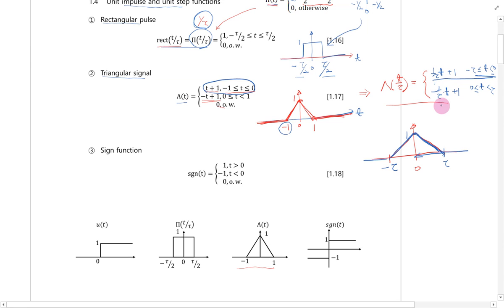All the other cases are 0. Otherwise it should be 0.